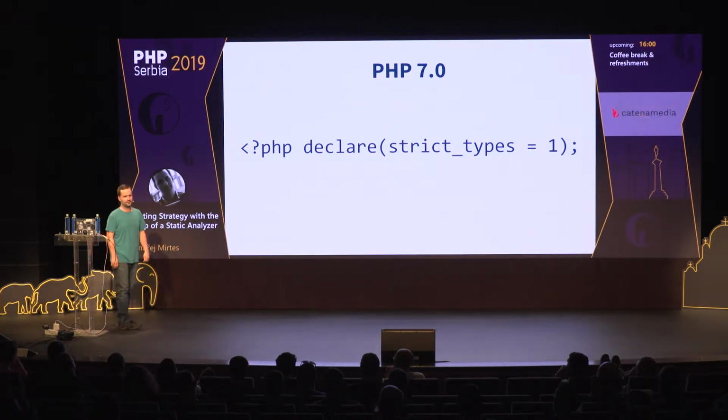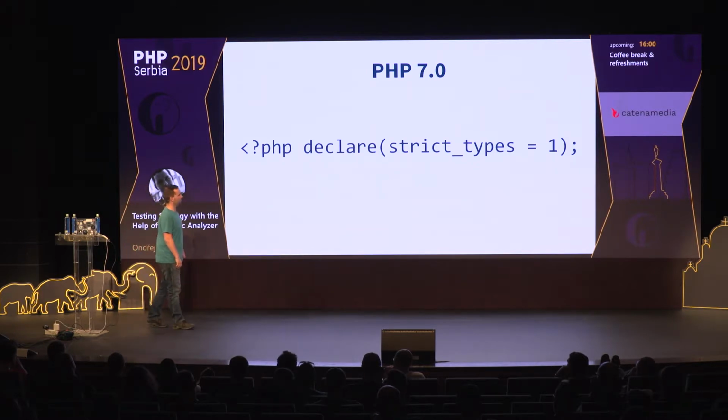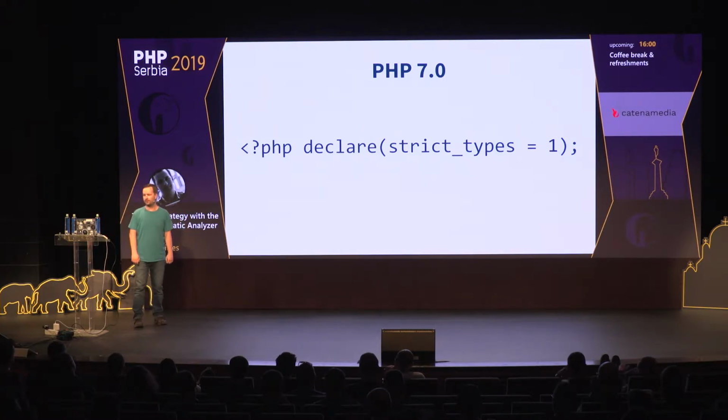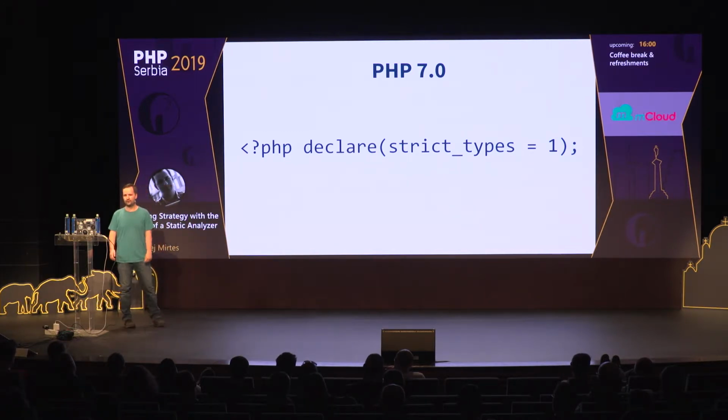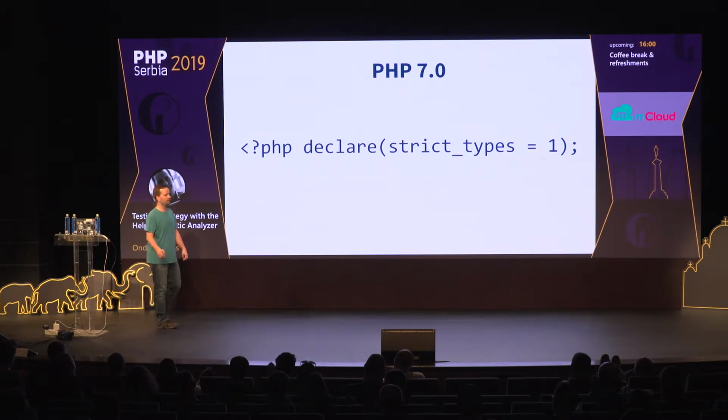And if you are starting with strict types, you definitely should not turn them on all at once in your whole big legacy application, because it's possible that you would break a lot of things. So I recommend to proceed only one file at a time, or one folder at a time, well, one namespace at a time, to add those and observe what they actually do in production and what they do in your tests.